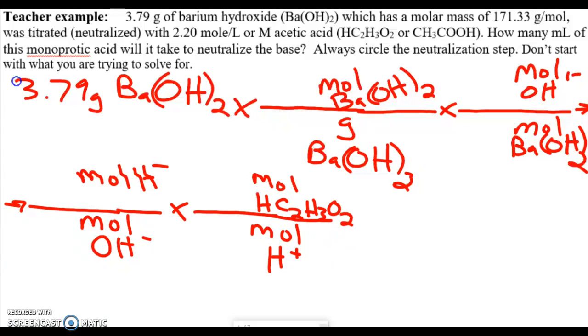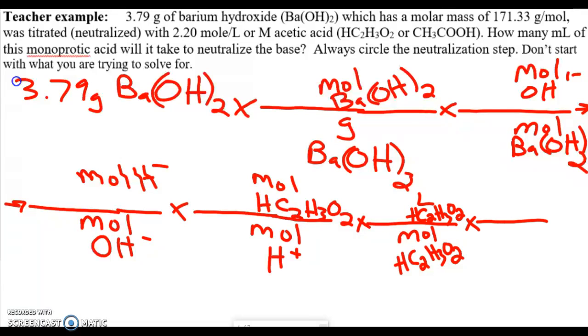Then in this problem, we're trying to find milliliters of this acid. So whatever label's on top goes on the bottom. Moles of HC2H3O2 up to liters of HC2H3O2.